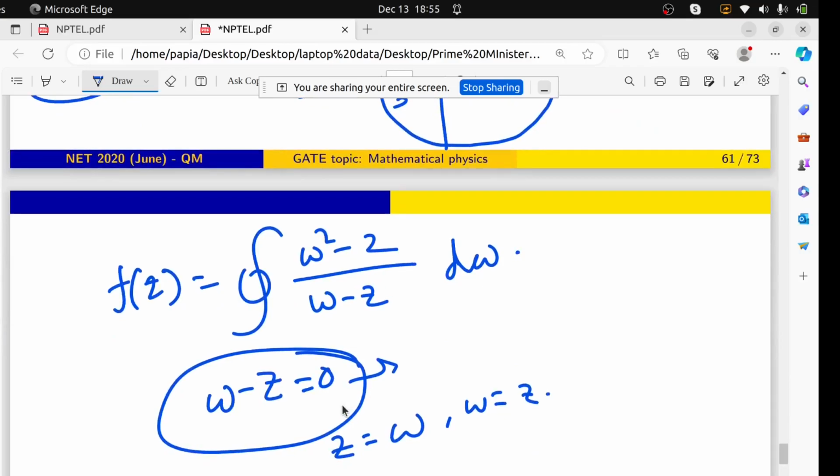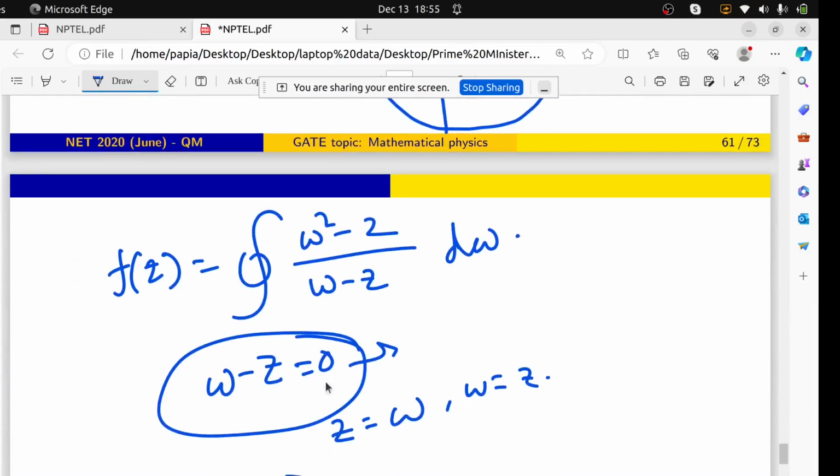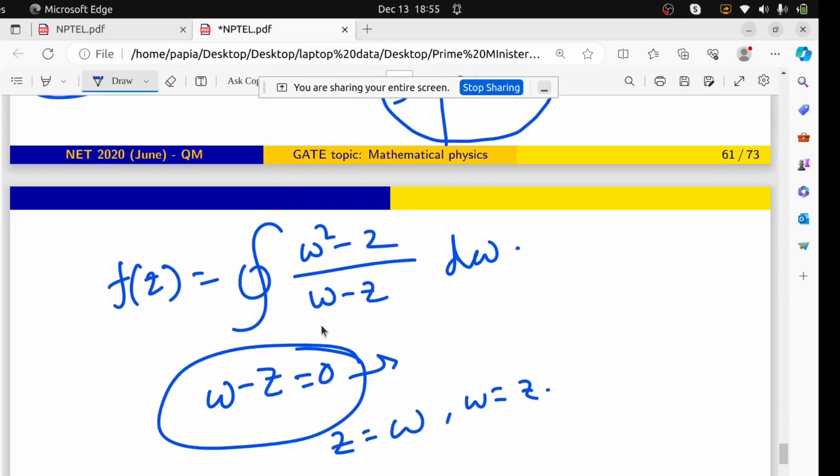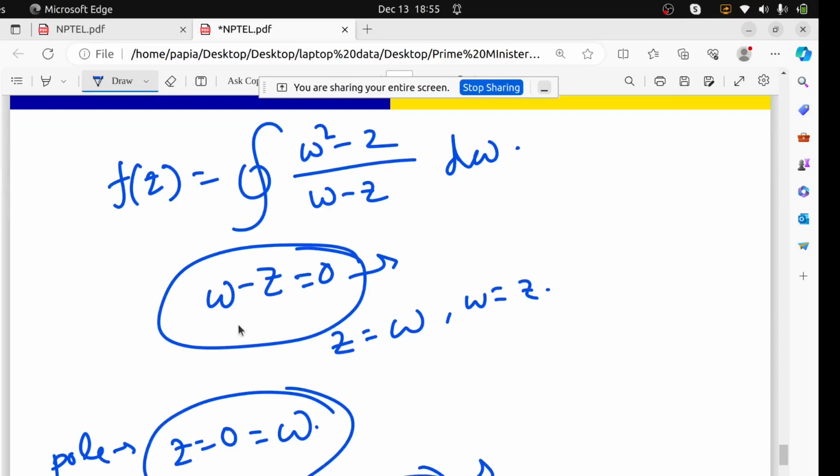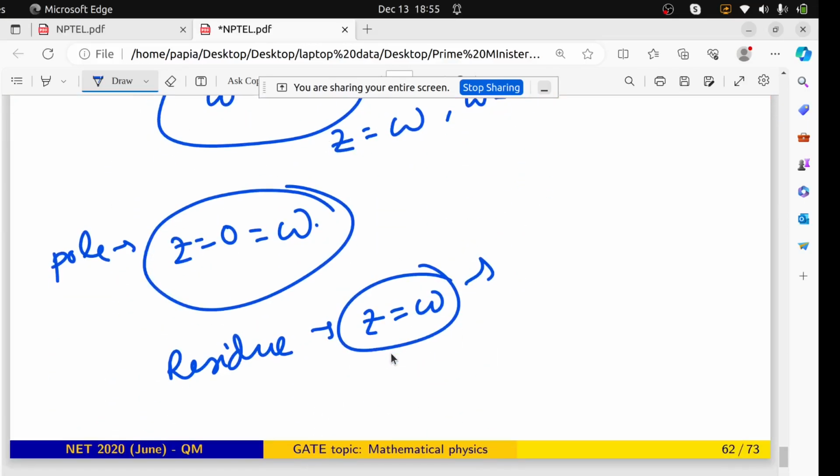So here, what I told, f(z) is this one, right? So now our pole will be at which point? w minus z equals 0, right? So now at that point the residue will be how much?